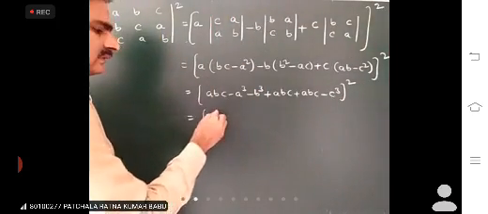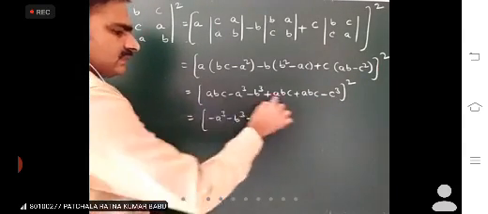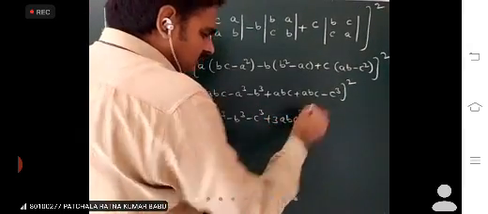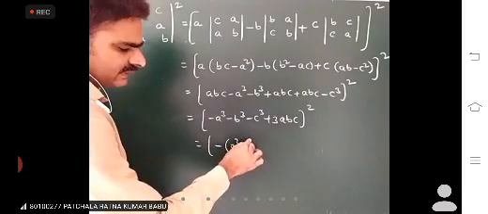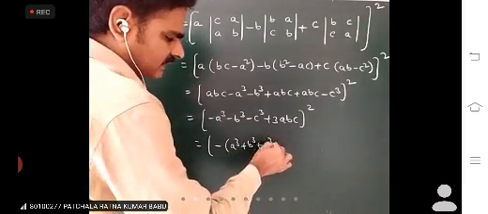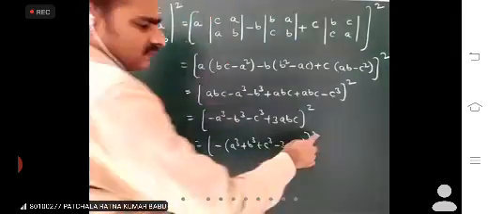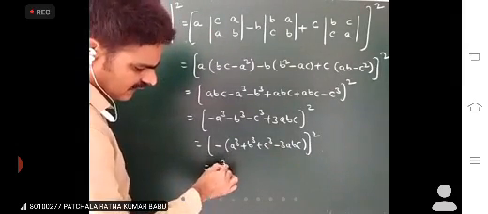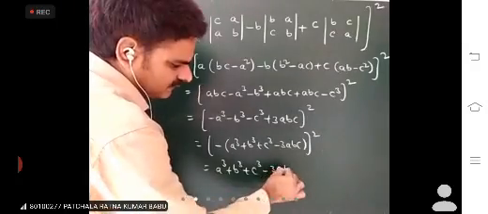Write in order: minus A cube minus B cube minus C cube, ABC plus ABC plus ABC, 3ABC. Common out minus in all these terms, we get minus of a cube plus b cube plus c cube minus 3abc whole square. Here power is square, that means a number, so minus becomes plus, which is equal to a cube plus b cube plus c cube minus 3abc whole square.